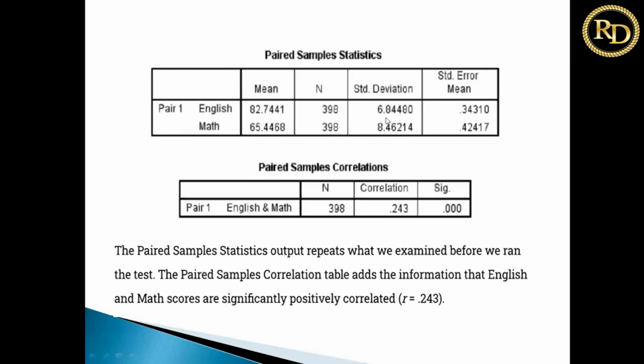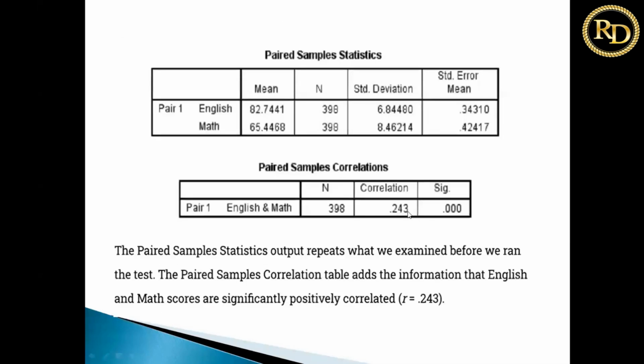These are the standard deviations, and these are the standard errors of the mean. Now this is the table for the paired t-test, and you can see the p-value is less than 0.05. It means that the mean scores for English and mathematics are significantly different for the same class.